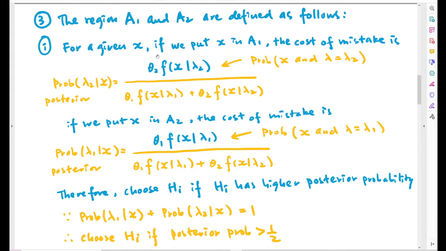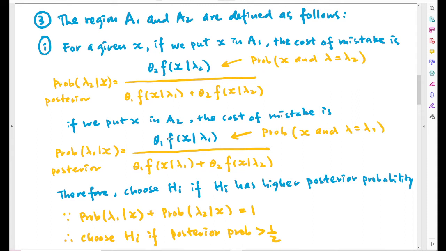So the corresponding probability is theta 2 times f of x conditional on lambda 2. And similarly, if we put x in region 2, the cost of mistake is theta 1 times f of x conditional on lambda 1, which is the probability of the value x and lambda equal to lambda 1.